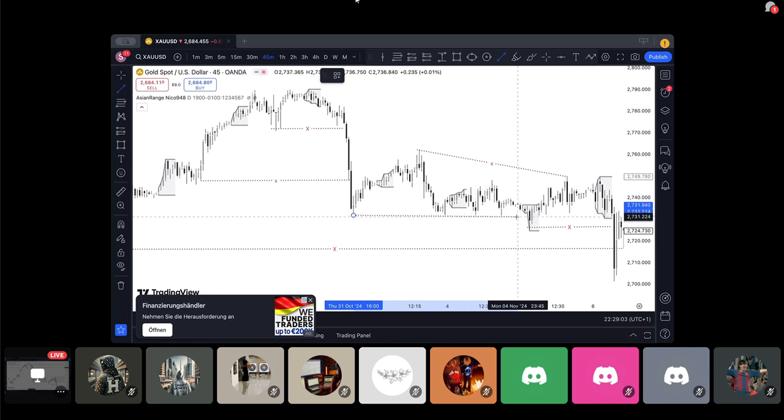So me personally, I will really consider it as a break of structure. It doesn't really have to be just there, but price has already broken structure, even if it was an Asian session. Let me show you.